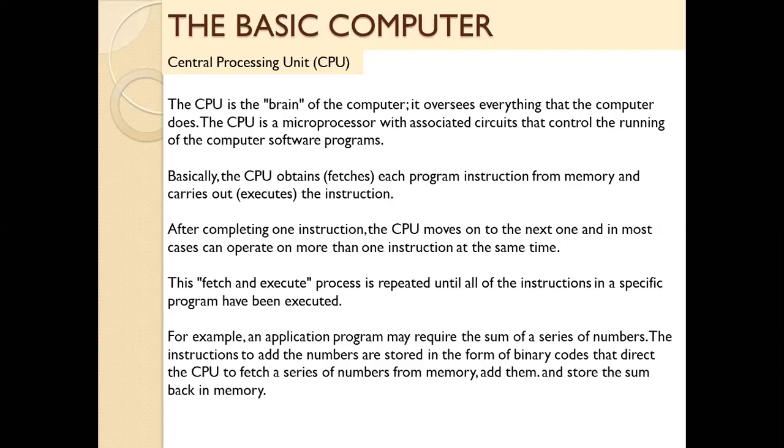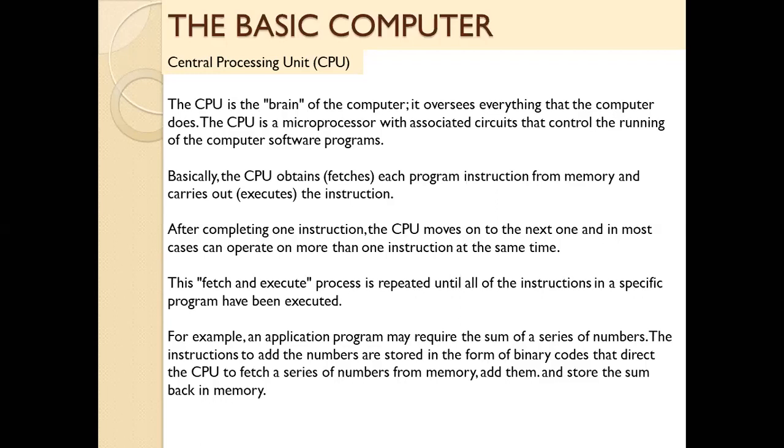After completing one instruction, the central processing unit moves on to the next one, and in most cases can operate on more than one instruction at the same time. That is called parallel processing.